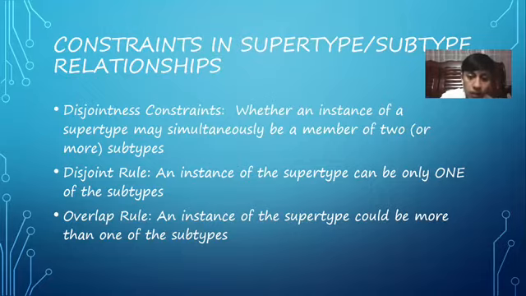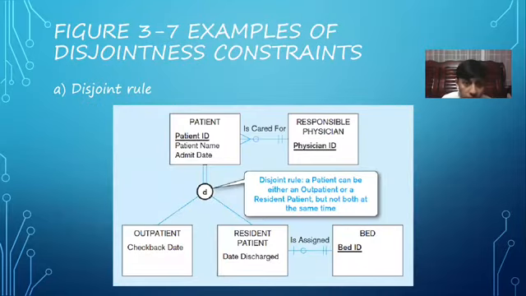Disjoint rule is a rule that specifies that an instance of a supertype may not simultaneously be a member of two or more subtypes. The next one is overlap rule. Overlap rule is a rule that specifies that an instance of a supertype may simultaneously be a member of two or more subtypes. Next. In figure 3.7, this is the example of disjointness constraint.